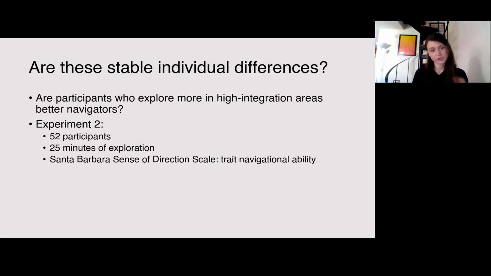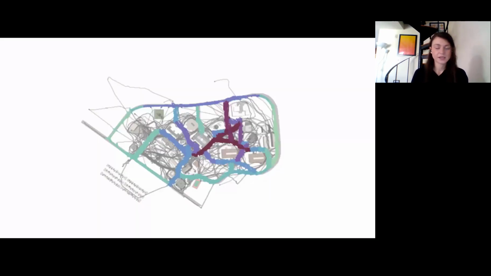It is self-report, but it tends to relate to some of these measures at least. So again, here's the map I was showing you before, but now for the second data set. And you can see that, again, people spend most of their time in the center of the environment, but people do also range out and try to see the periphery as well.